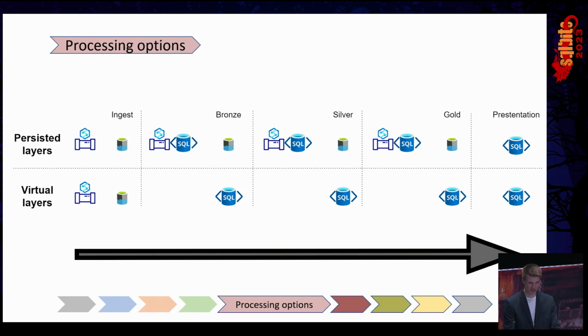And then you have the persisted layers. We take data from some kind of source, we put it in our data lake. We have to do this whether it's virtual or persisted. And then with the persisted layers, you do this again and again and again as you go through the different layers, until you have data modeled as you want it, be it in a star schema or otherwise in your gold layer.